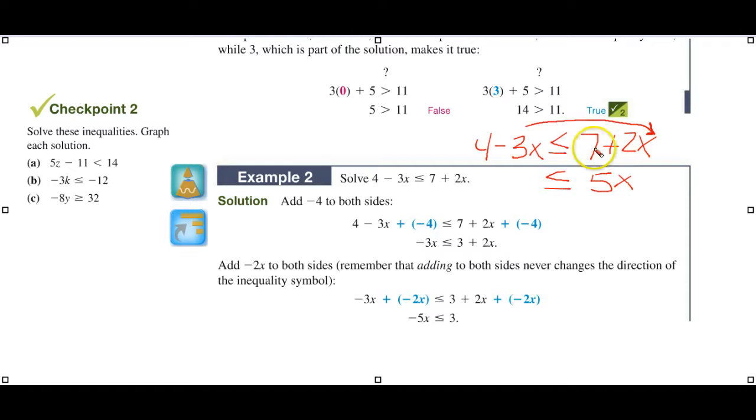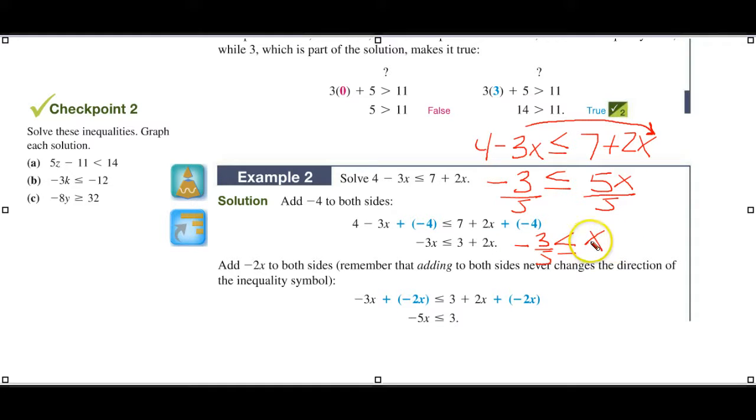I'm going to move the 7 to this side, where it becomes a negative 7 on this side, plus 4 is a negative 3. Now I'm going to divide both sides by 5. I can then write negative 3/5 is less than or equal to x.